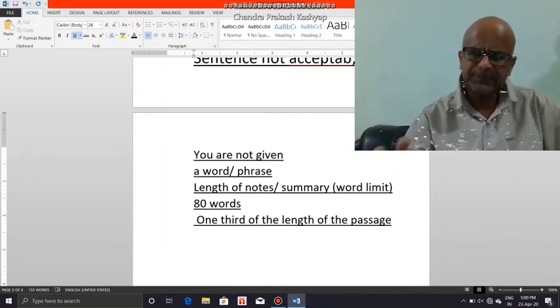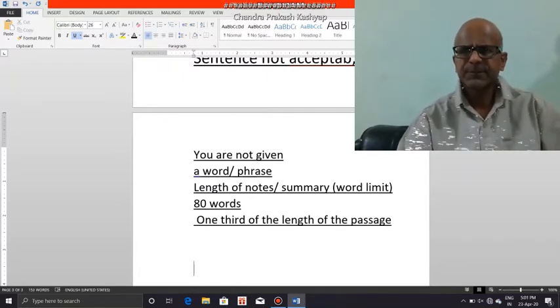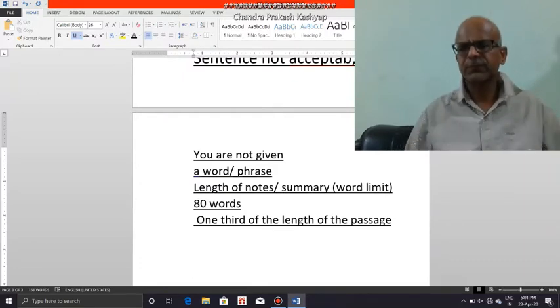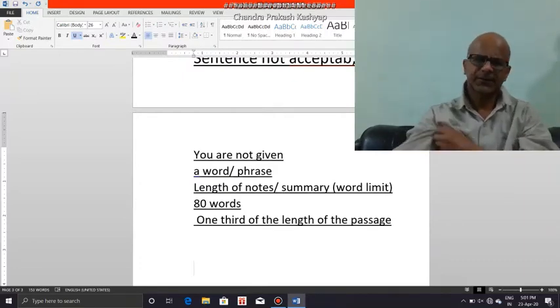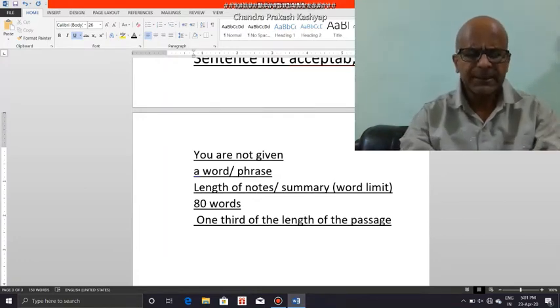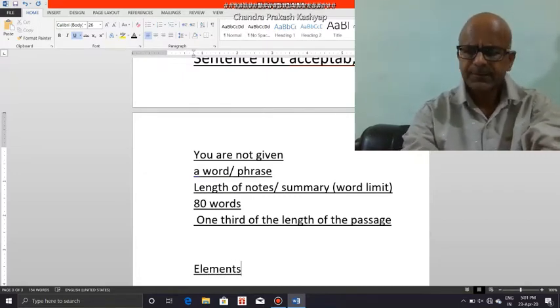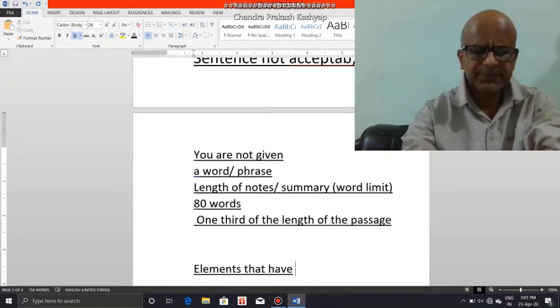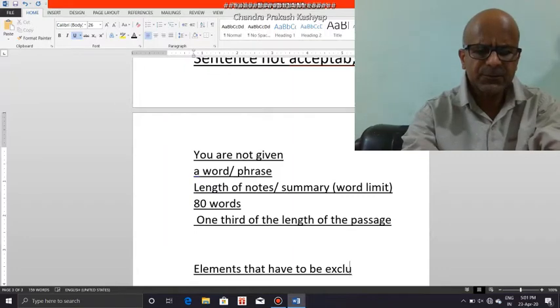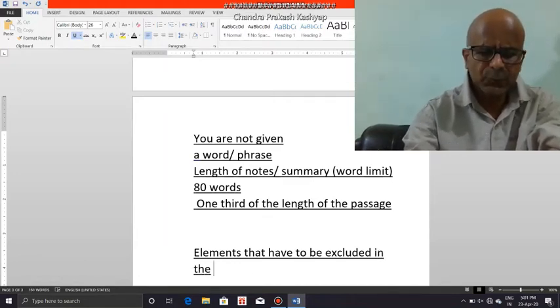Now, in order to bring this kind of reduction, to reduce a passage to its 1/3 size, we need to understand that there are many elements that have to be excluded in the notes and also in the summary.